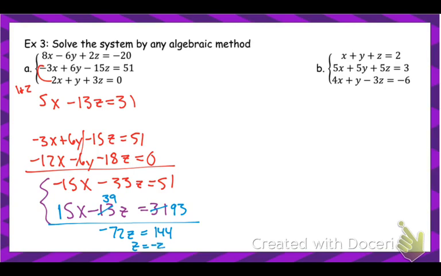I'm going to take z and plug it back into one of those two original equations. So let's say I plug it into that red equation, so negative 15x minus 33 times negative 2.